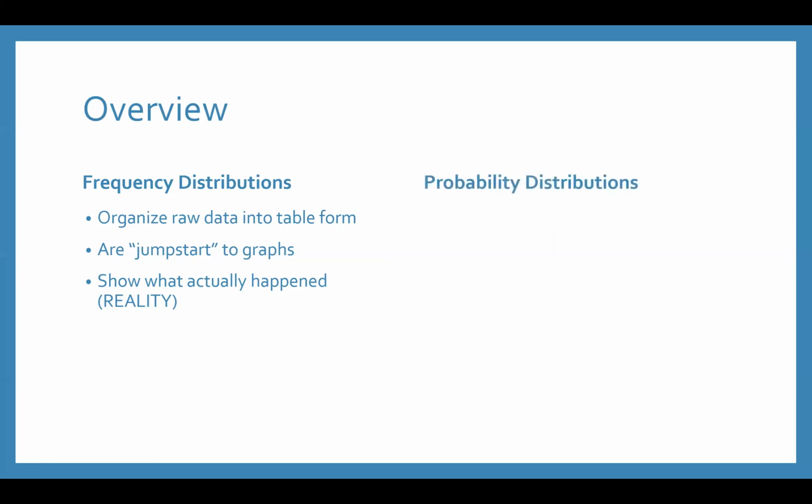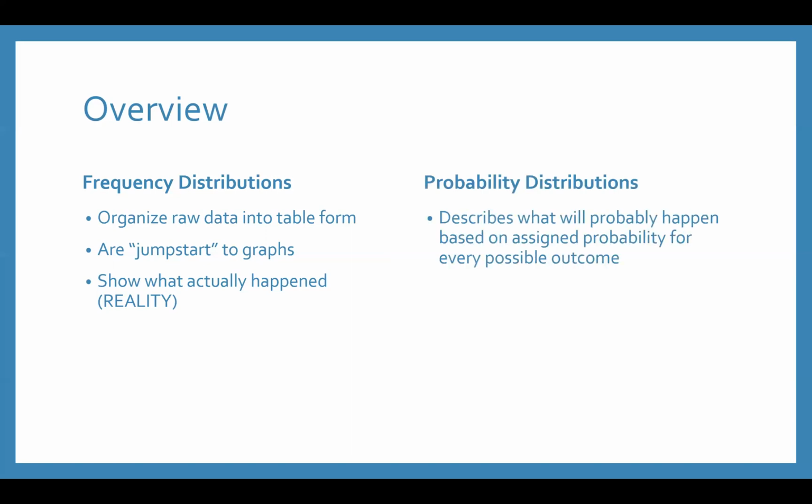In this lesson and throughout the next couple of lessons, we're going to be talking about a probability distribution. A probability distribution describes what should happen based on an assigned probability for every possible outcome of a particular event.